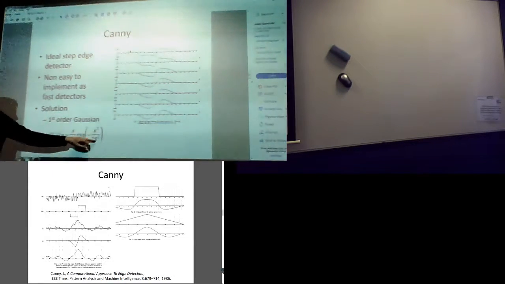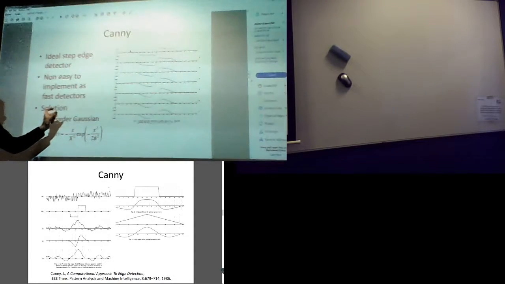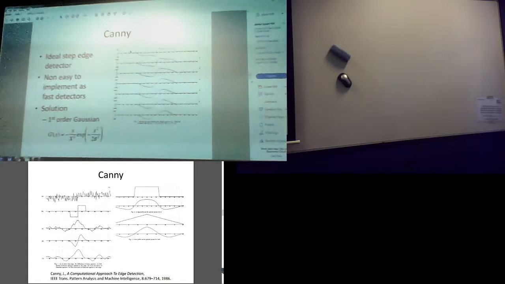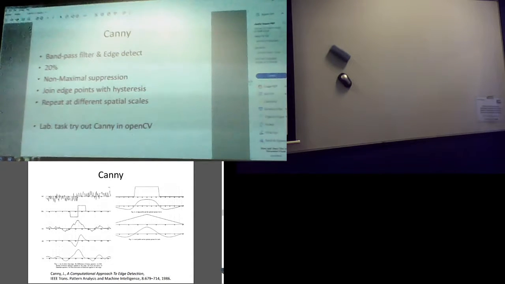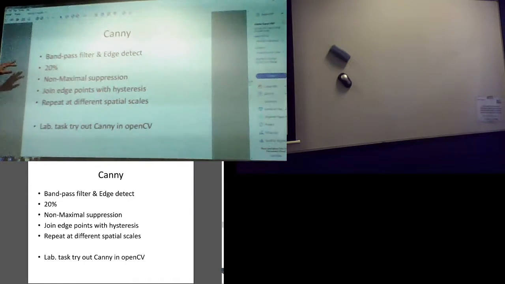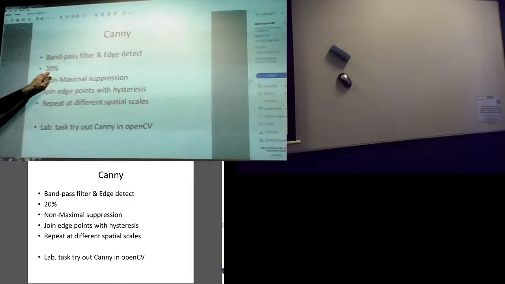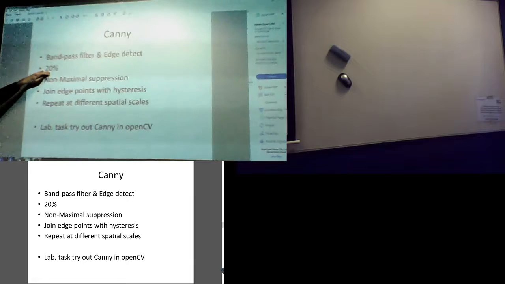So everybody uses the first order of a Gaussian, and what you're doing is just choosing the width of the Gaussian to determine its characteristics as a low-pass filter. So we filter and edge detect. It's within 20% of the theoretical optimum.